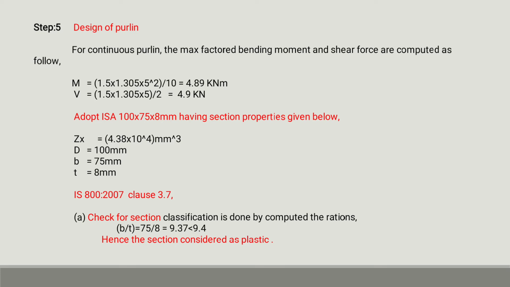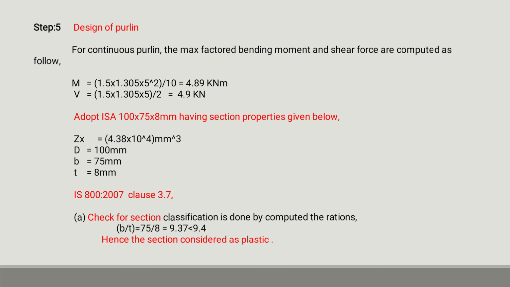Adopt ISA 100 by 75 by 8 mm having the section properties given below. Zx is equal to 4.38 into 10 power 4 mm cube. D is equal to 100 mm, B is equal to 75 mm, and T is equal to 8 mm. Then the section is classified from IS 800 2007.